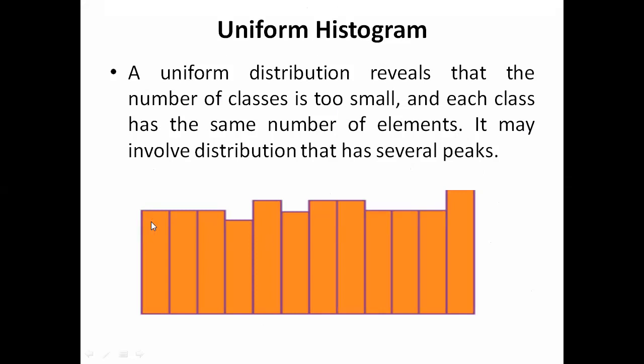You can see that in the first, second, and third bar, the number is similar. In the fourth bar, it goes down one step. Then here it goes up two steps. Again it comes down one, and this one is similar here. So that's the number of classes being too small, and there are differences also, right? That is what is known as a uniform histogram.